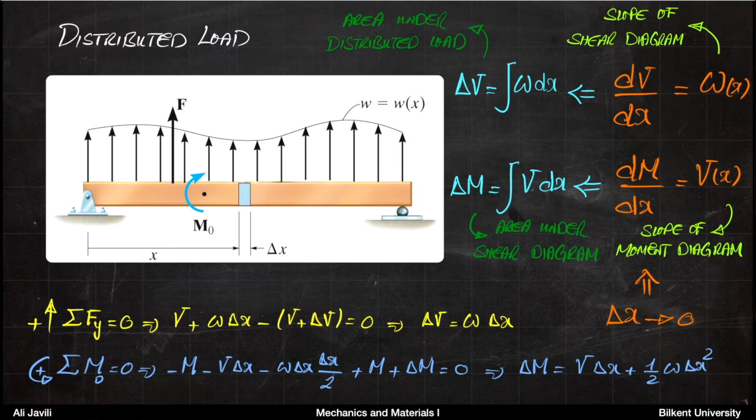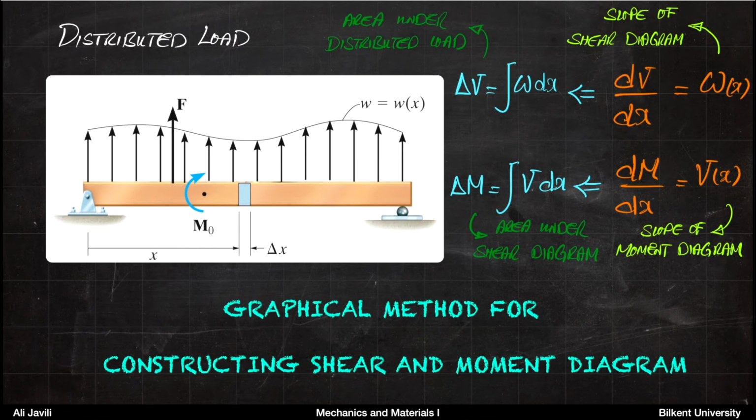So if you have a distributed load, you can draw its diagram, calculate the area under that to get V, then integrate again, calculating the area of that, to get M. Putting these all together tells you that you can have a graphical method for constructing shear and moment diagrams.